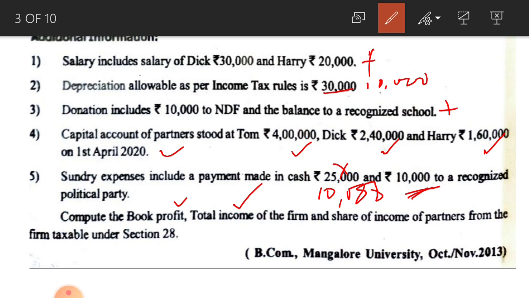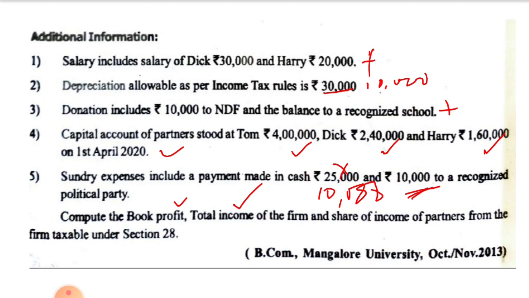And share of income of partners, that is after calculating the tax liability, the remaining amount will be share of income of partners, and also taxable income of partners you have to calculate, that is salaries of partners and interest on capital in excess of 12%, etc. Let us solve this problem.